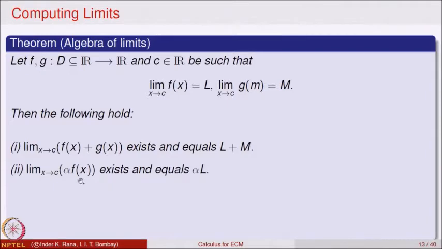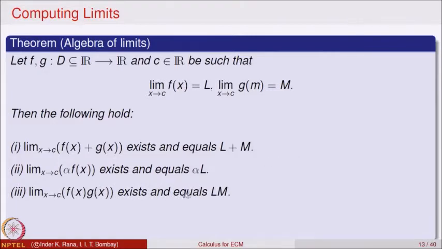The second result says that if I multiply a function by alpha, so if I look at alpha times f(x), that also exists and the limit is equal to alpha times L. So, a scalar multiple of the function, its limit exists and is equal to the same scalar multiple of the corresponding limit. As a consequence of this, if I take alpha equal to minus 1, then the limit as x goes to C of minus f(x) will be equal to minus L. And that can be combined with the earlier result to say that limit of f(x) minus g(x) will be equal to L minus M.